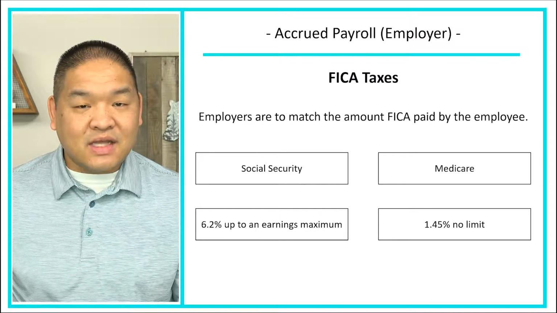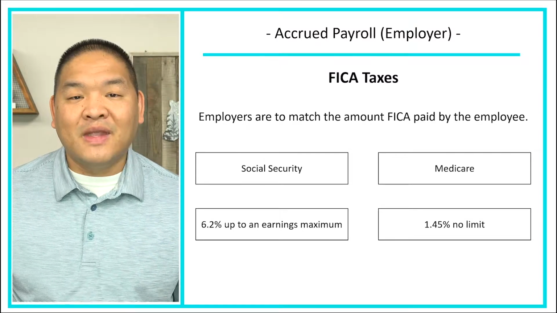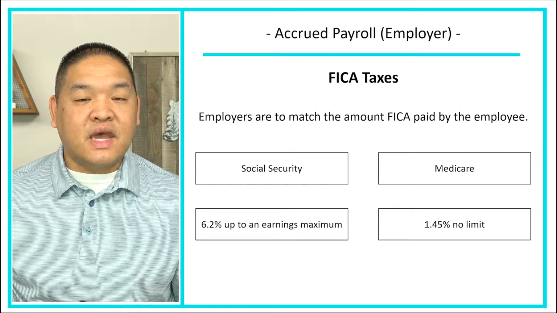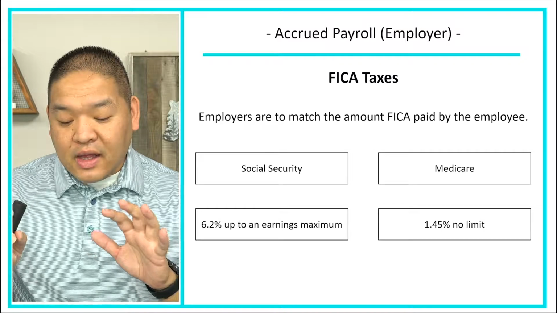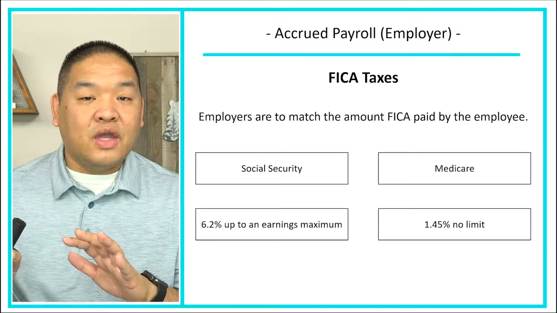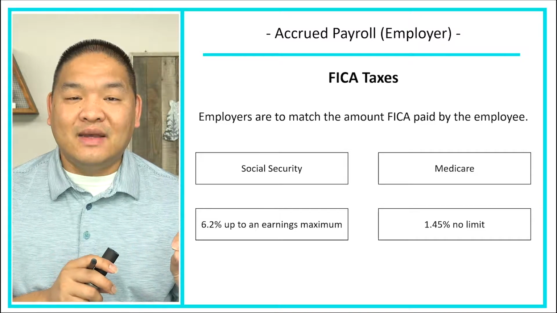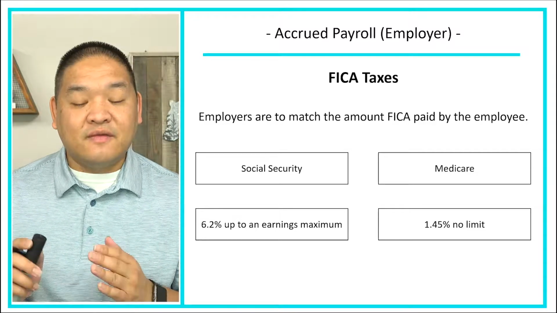On the Medicare side, the employee is going to pay 1.45% and the employer is also going to pay 1.45% for a total of 2.9%. So understanding that an employer's responsibility is to pay the exact same amount as the employee does when it comes to their portion of FICA.